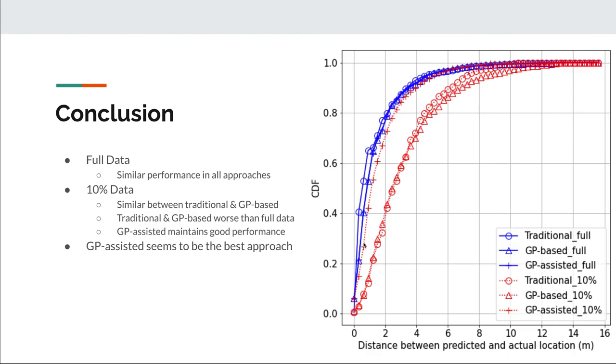Therefore, we can say that the GP-assisted fingerprinting's performance is very resilient to the drop in data availability. And because of this, the GP-assisted fingerprinting has the best chance to be successful in the real world where RSSI measurement is most likely sparse.